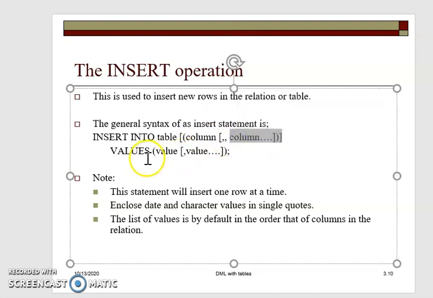After specifying the columns, you go to the values. So the value for registration number you add there, the value for first name you add there, and so on. But what you should take note of is that this particular statement will only allow you to insert data in one row at a time. Please ensure to enclose the date values and the character values in single quotes.